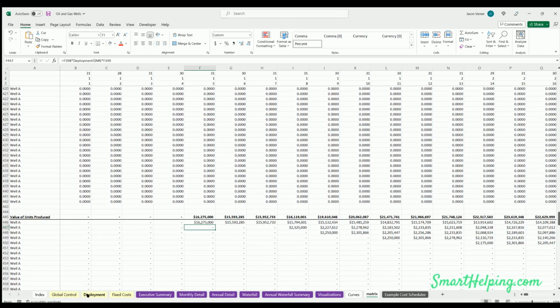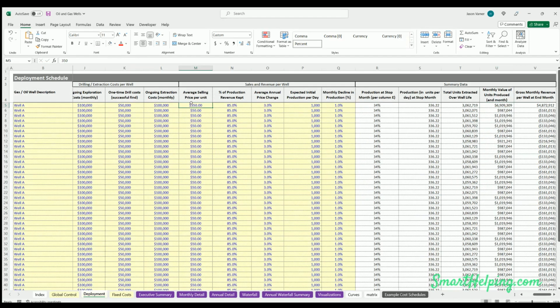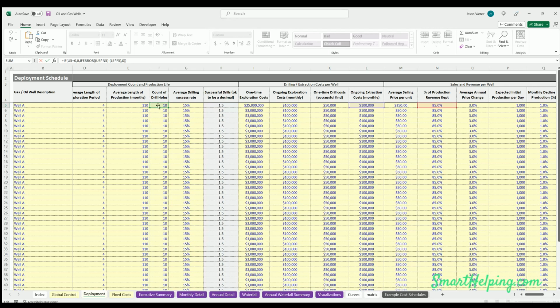And deployment M5 would be the price here. So actually, this is the total revenue before royalties. And then you're taking that times N, so that accounts for the royalties, minus the monthly cost times the count drill holes.